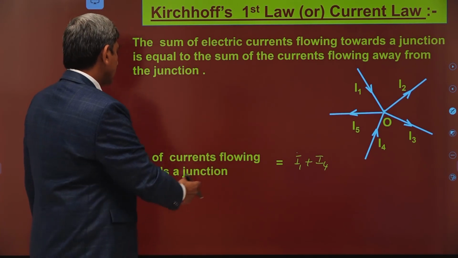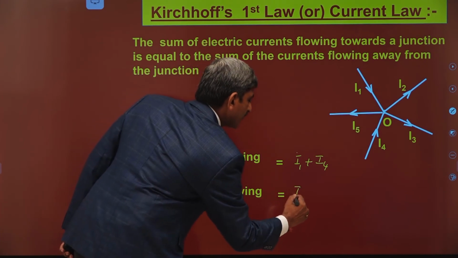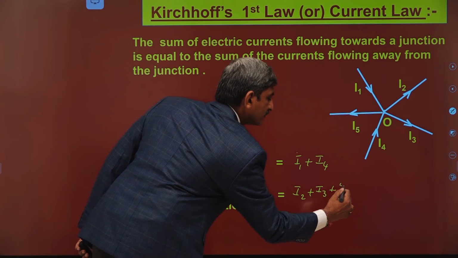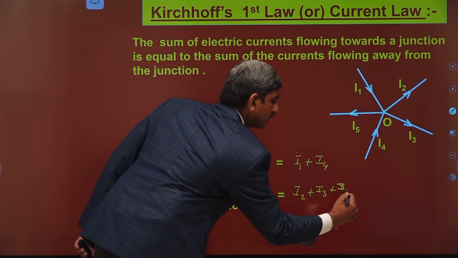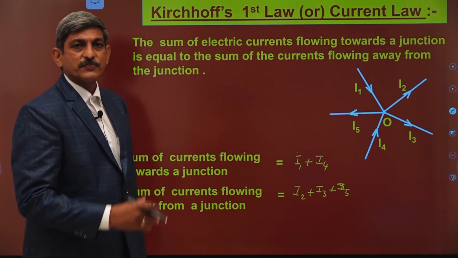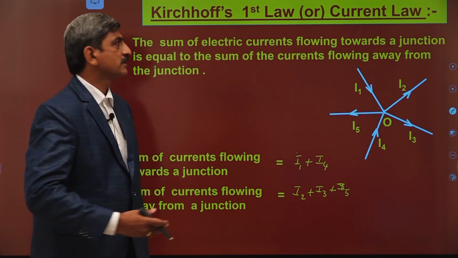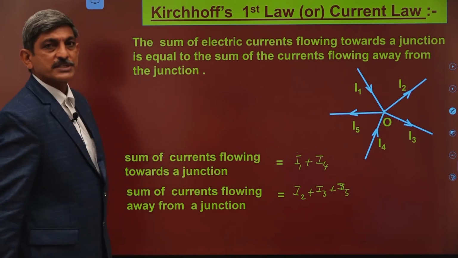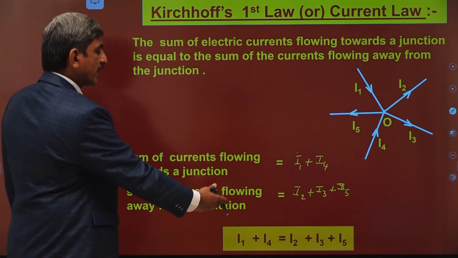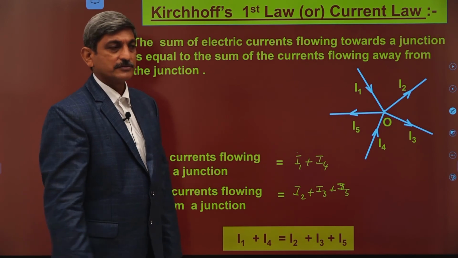So, the sum of the currents flowing away from the junction is I2 plus I3 plus I5. According to Kirchhoff's first law, these two are equal, so we can write I1 plus I4 is equal to I2 plus I3 plus I5.